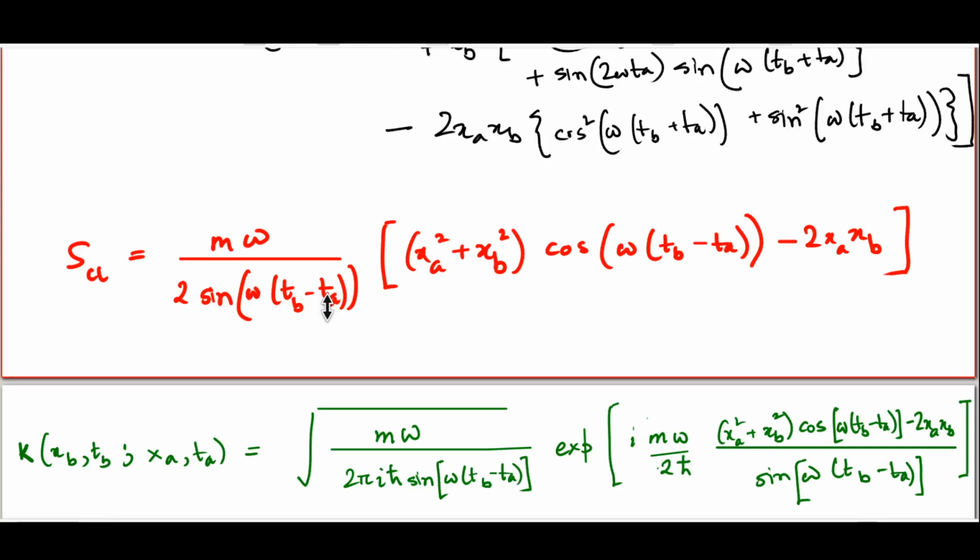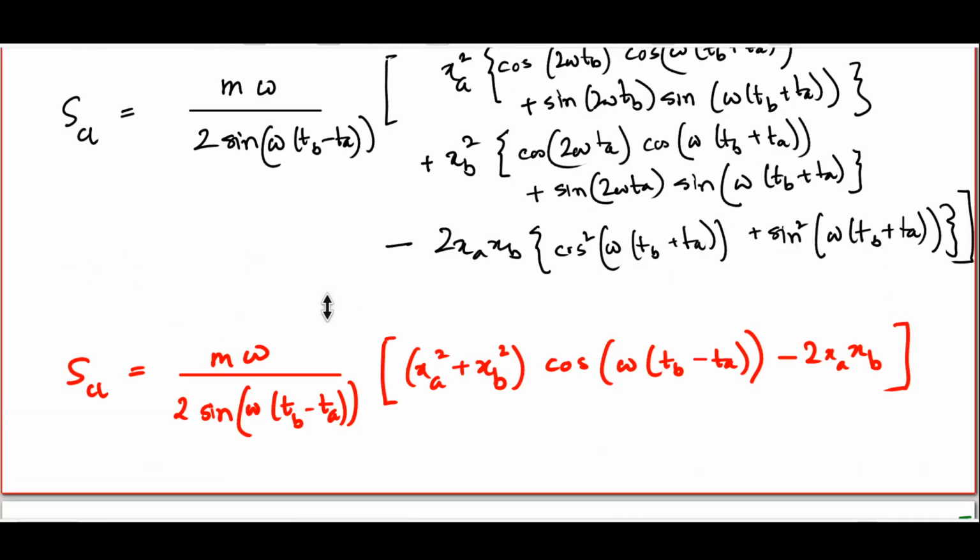Now, this expression has one obvious problem which must have been noticed by you. Whenever sine of omega TB minus TA vanishes, this particular expression for the propagator appears to blow up.